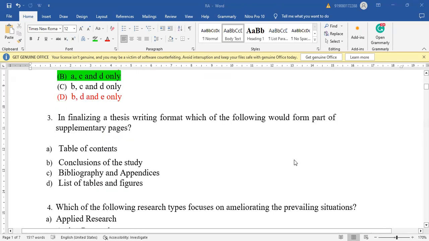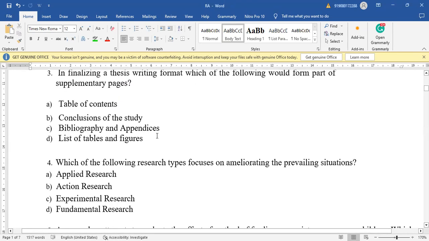In finalizing a thesis writing format, which of the following would be part of supplementary pages? Supplementary pages are meant for the end of the thesis. Table of contents, conclusion, bibliography and appendices, list of tables. Bibliography, sir. Very good.